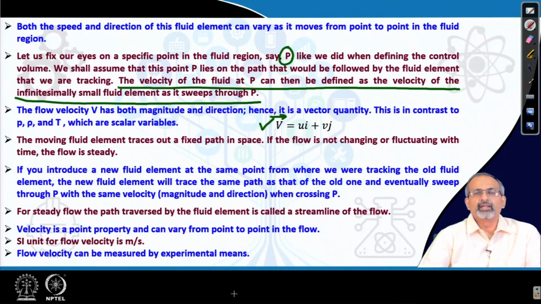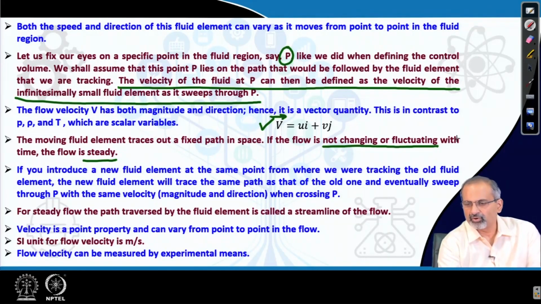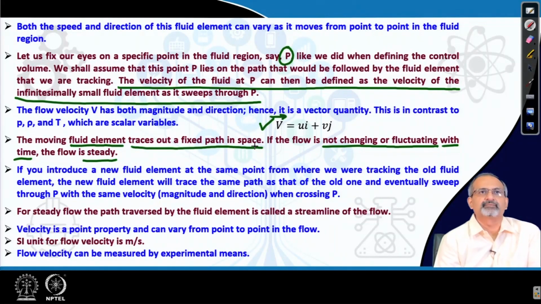Now, the moving fluid element traces out a fixed path in space. If the flow is not changing or fluctuating with time, the flow is steady. In steady flow, the fluid elements trace out a fixed path in space.